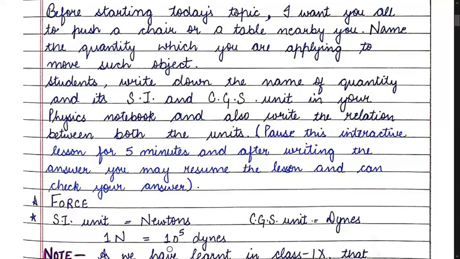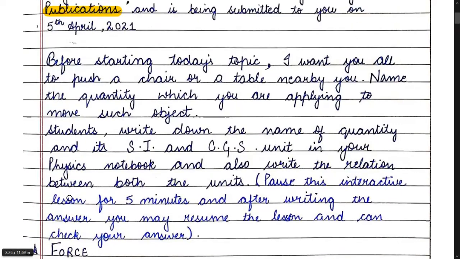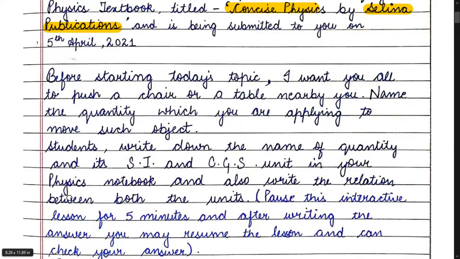Kindly write down the name of the quantity and its SI and CGS unit in your physics notebook, and also write the relation between both the units. You may pause this interactive session for 5 minutes, and after writing the answer, you may resume the lesson and check your answer further.